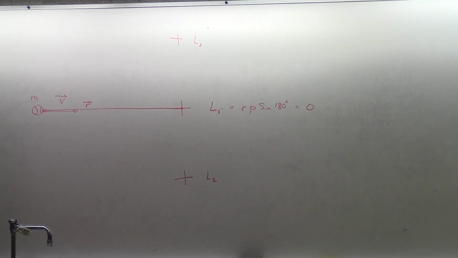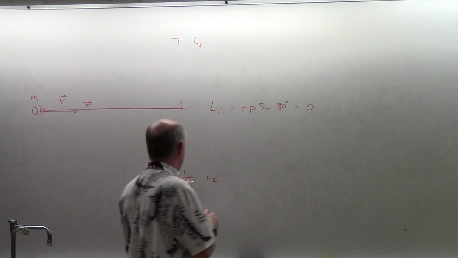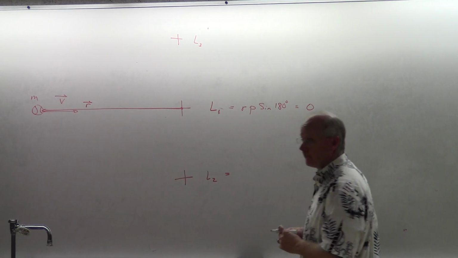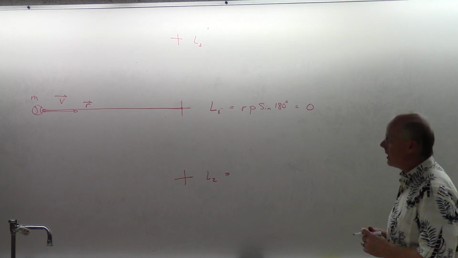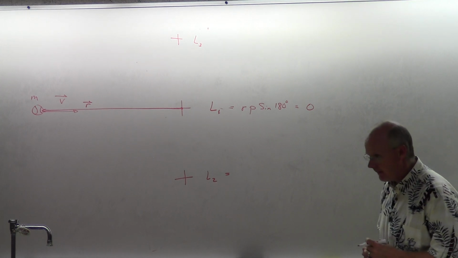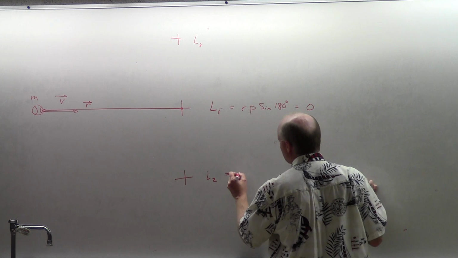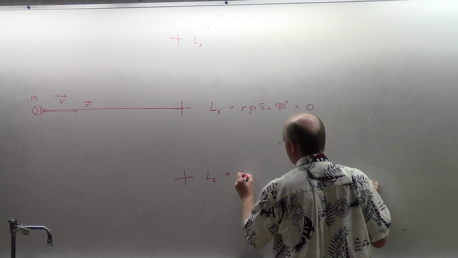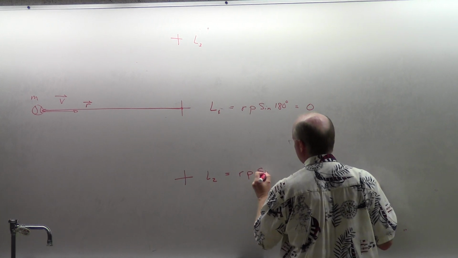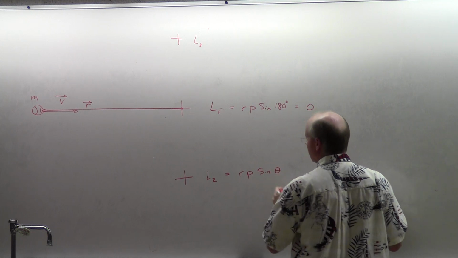It's the next one that may surprise you here. Let's look at number 2. What's the angular momentum here? Well, it'll be r, p, and the sine of some angle.